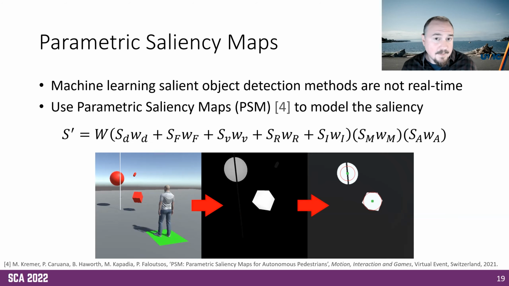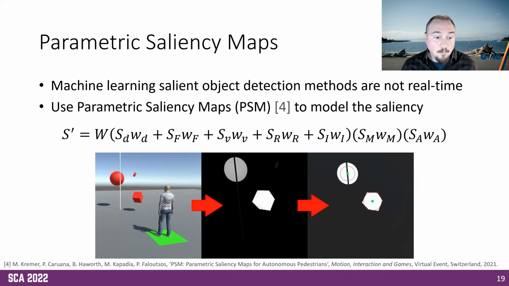And we blend all of these together in a parametric way, so you can weight all of the saliencies in a scene. The interesting thing here was that machine learning-based saliency methods, which are really fantastic and based on awesome data sets, tend not to be real time. They're not fast enough to do this for every character in real time. In fact, some of them aren't even fast enough to do this for a single character in real time, and often take multiple seconds to produce a result.